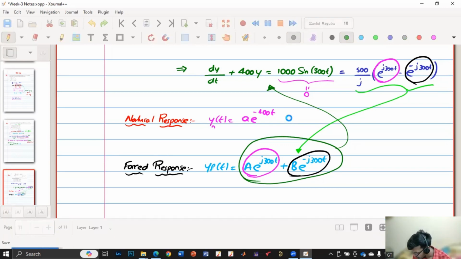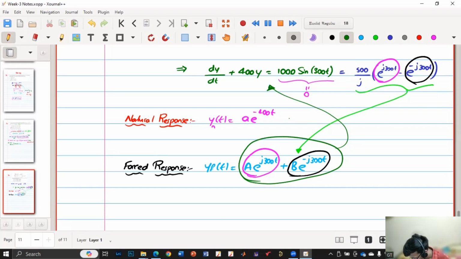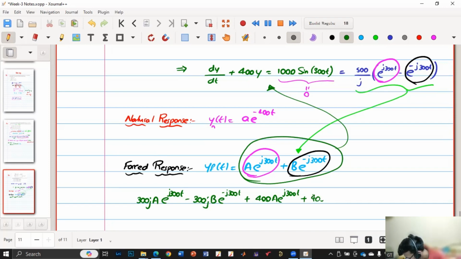dy by dt will be what? 300j a e to the power j 300t minus 300j b e to the power minus j 300t plus 400y. So 400 a e to the power j 300t plus 400b e to the power minus j 300t.